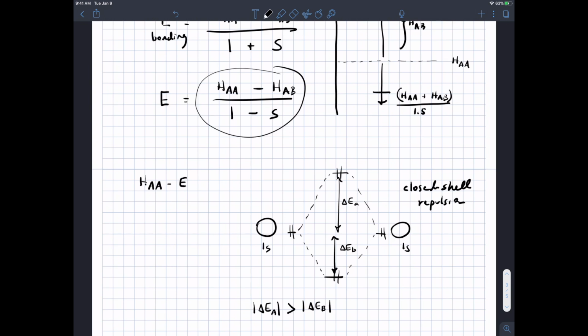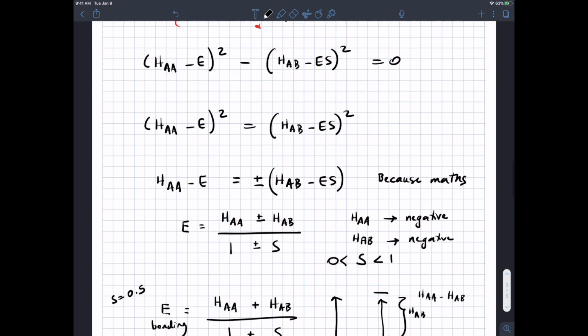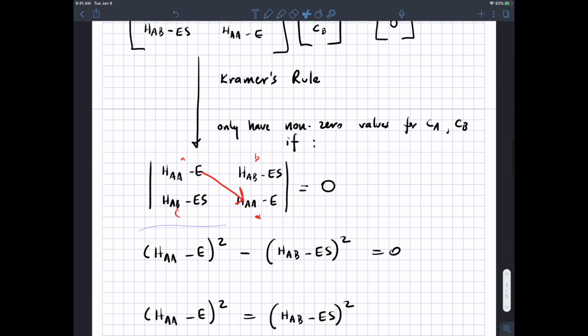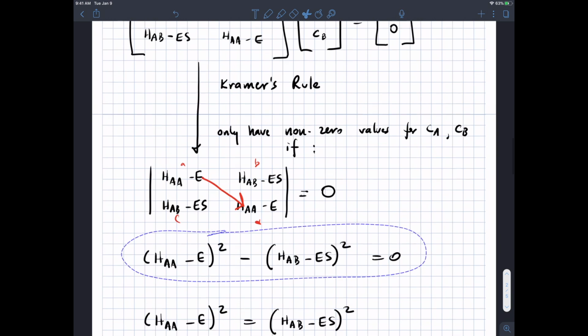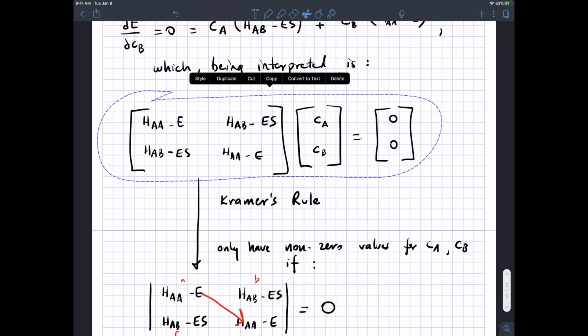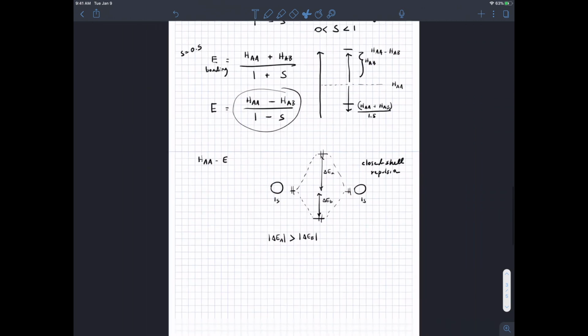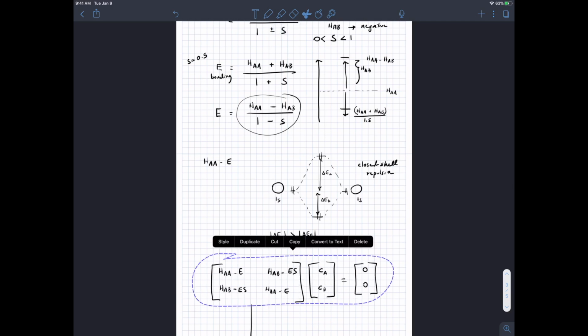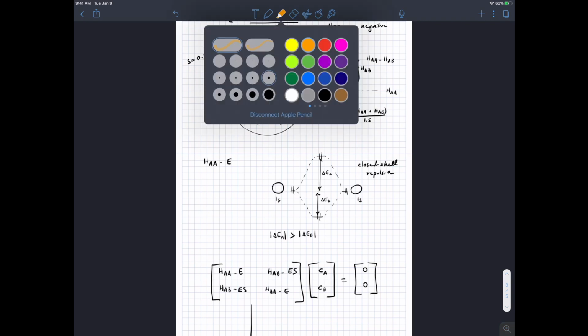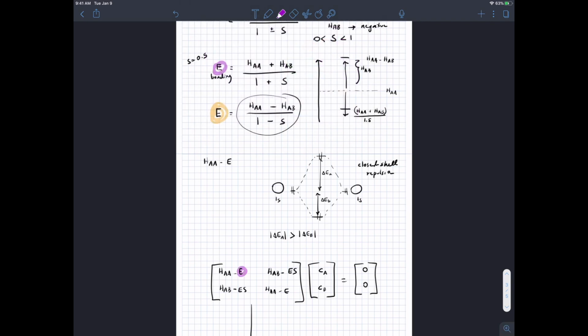So let's see. Now that we have our values for energy, we can substitute those values for energy back into these equations. Plug those energy values for the bonding orbital and the anti-bonding orbital one by one into these spots.